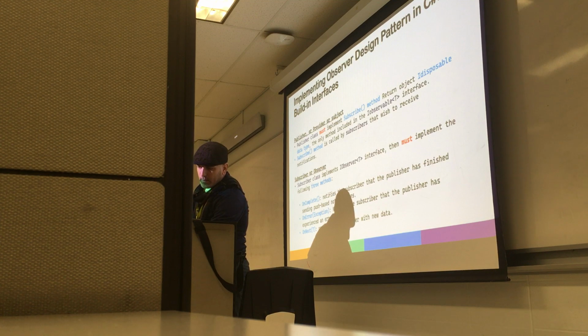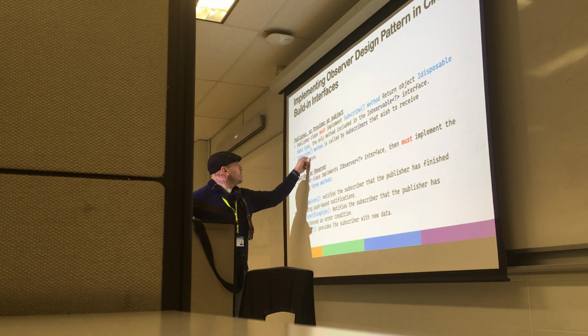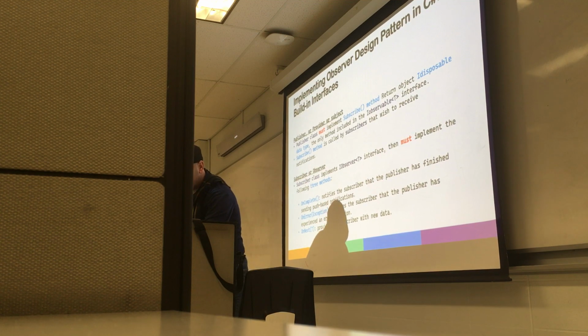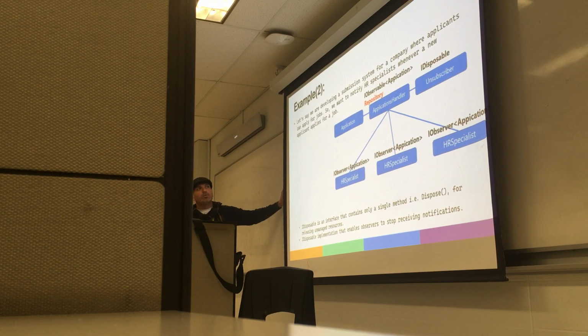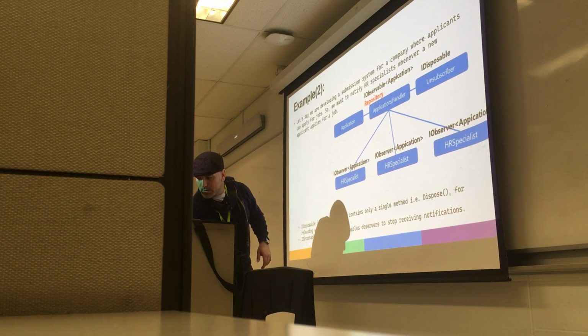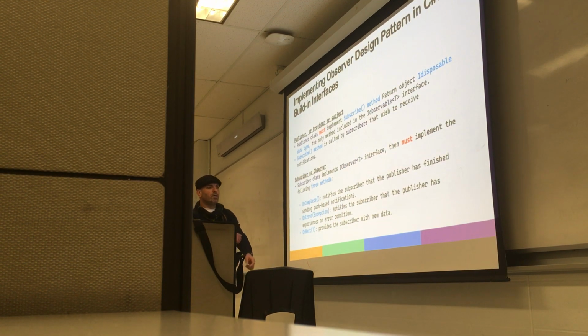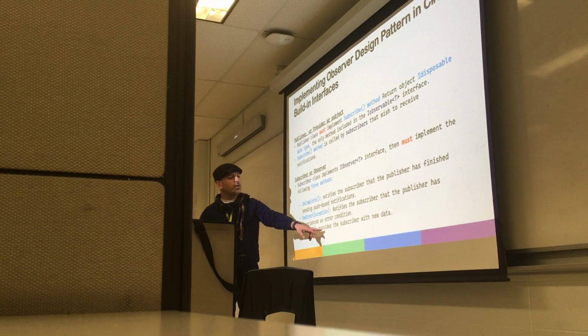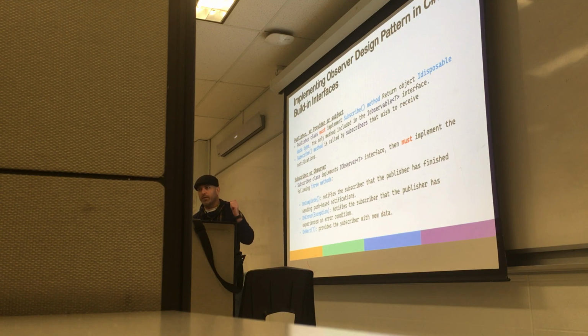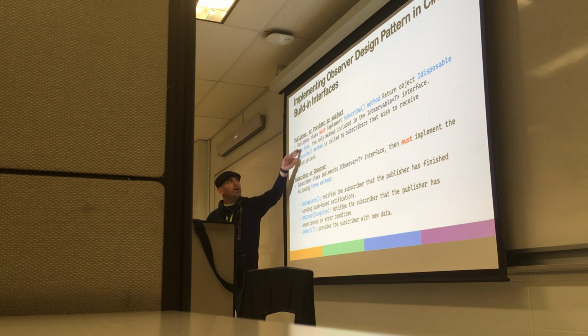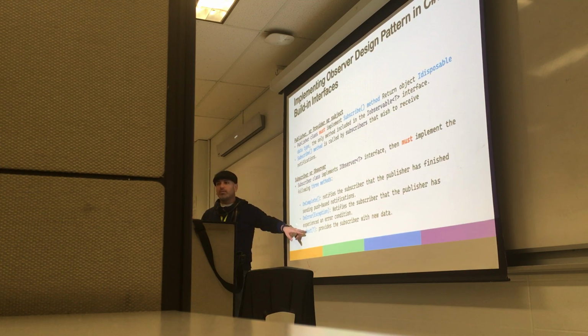And in IObserver, I need to implement 3 methods: OnCompleted, OnError, and OnNext. OnNext provides a new notification, like a notify method. You remember the notify method? Any change happening inside the publisher, I need to notify all the observers.